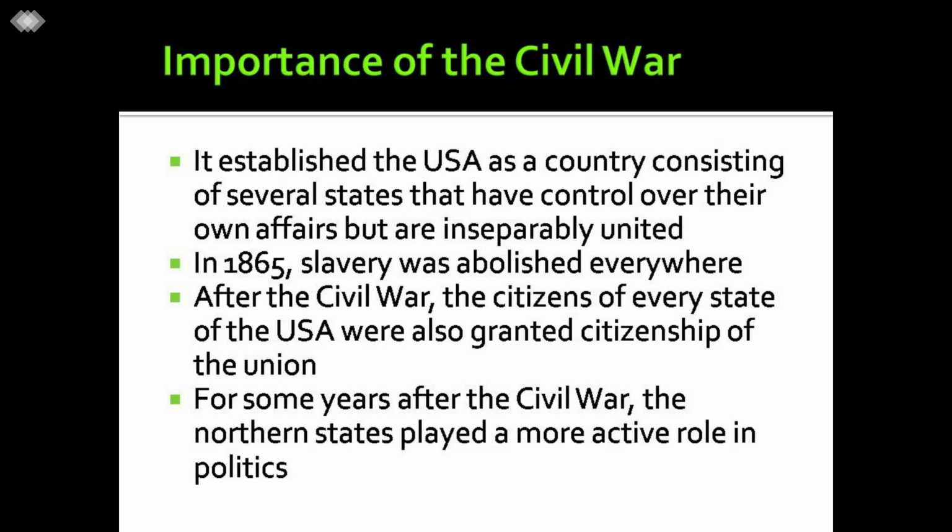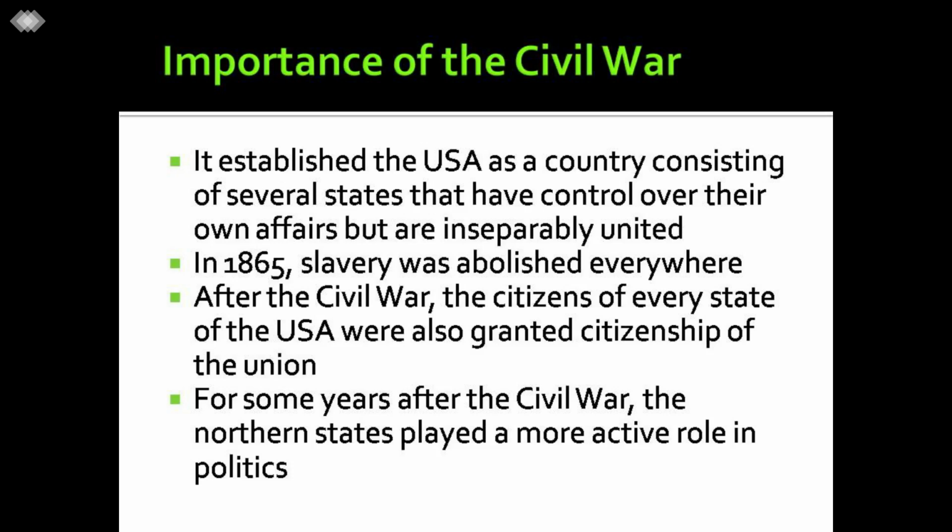The American Civil War upheld the importance of the central government. It established the USA as a country consisting of several states that have control over their own affairs but are inseparably united as one single nation under a central government. This implies that the member states of the USA cannot break away whenever they want.